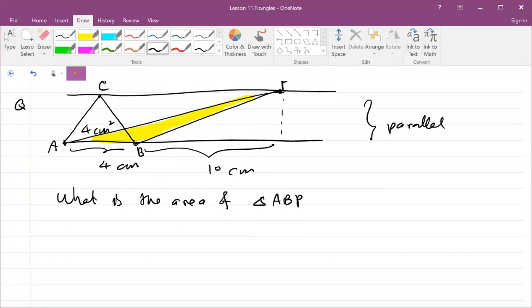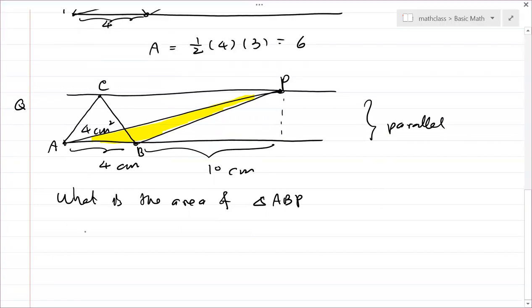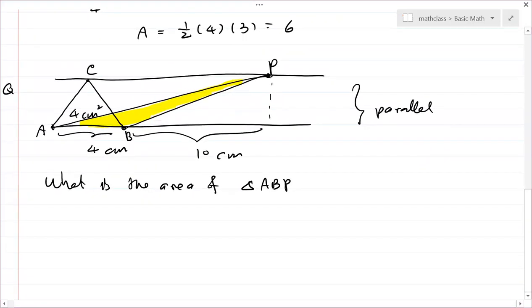So when you do the homework, don't just put 4 square centimeters, okay? Because I don't know how you got that. What you have to say for a complete solution is: the area of the triangle ABP equals the area of the triangle ABC.